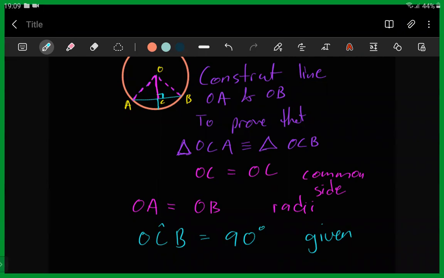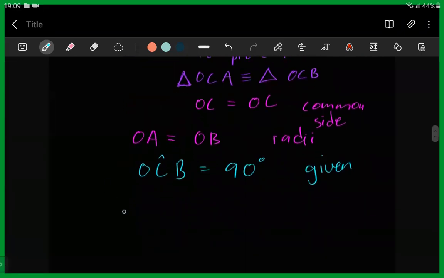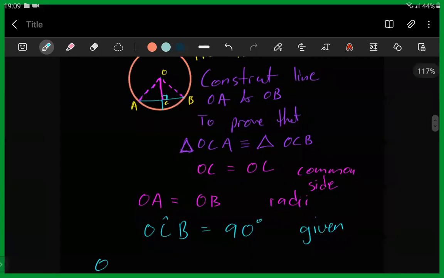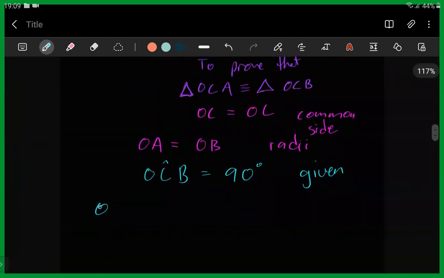So with you now saying that OCA is 90, your reason is not given. So you have to tell them why you're saying OCA is also equal to 90. So OCA here, you can say something like it is equal to 180 degrees minus 90 divided by 2.